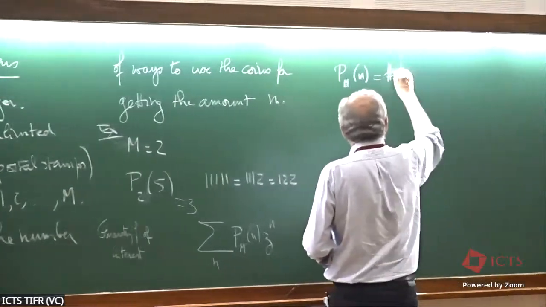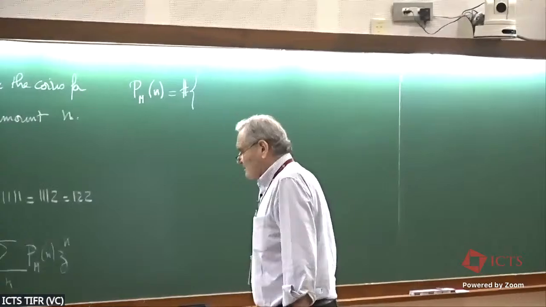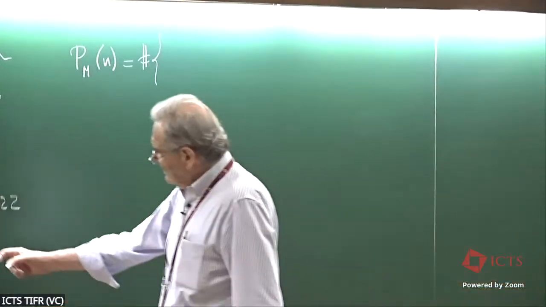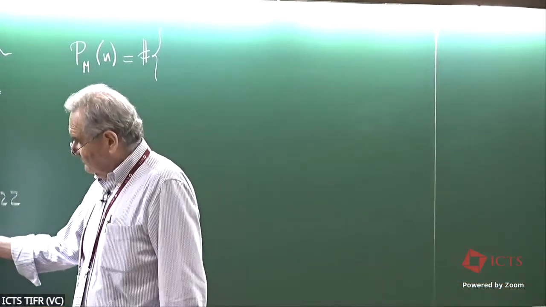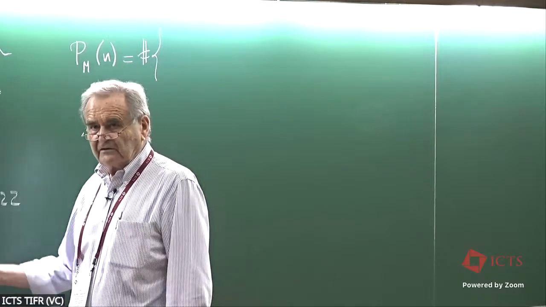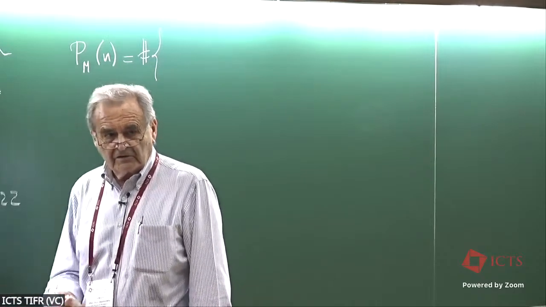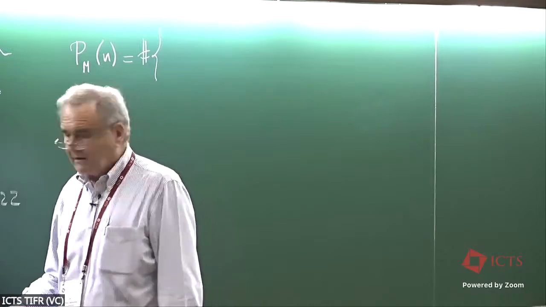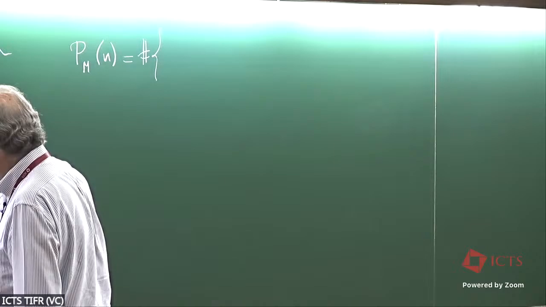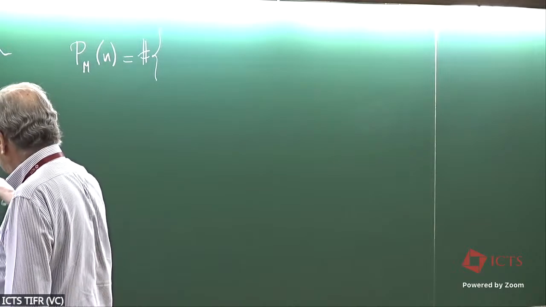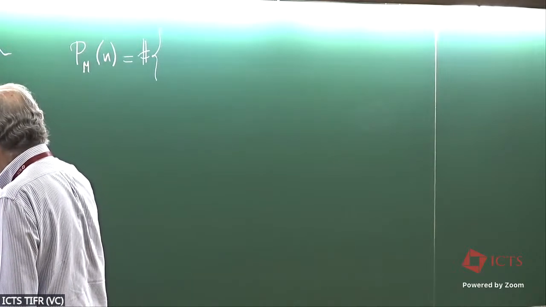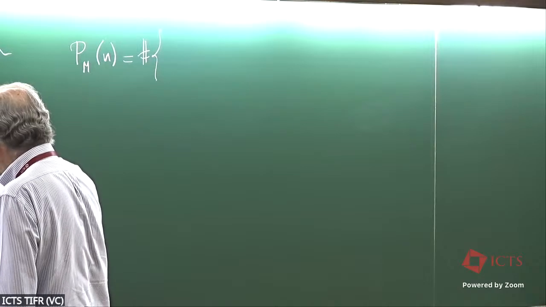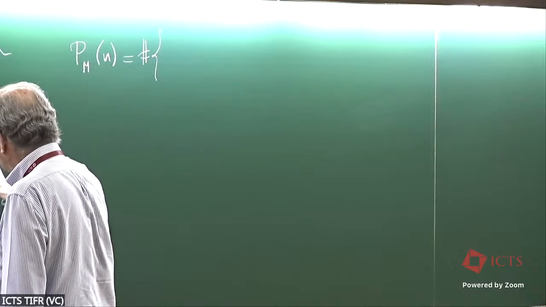Another way to write it is to say, how many times do I use a coin of 1? How many times do I use a coin of 2? So this will be 5 times 1. This will be 3 times 1 and once 2.